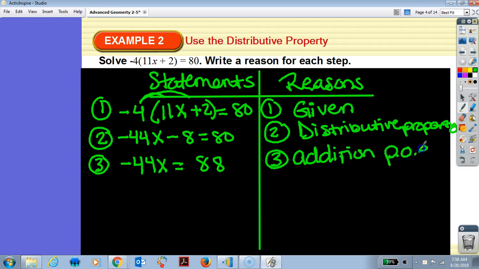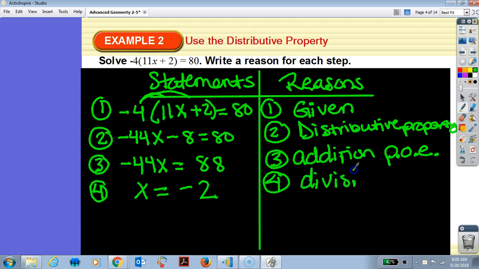For property of equality, you can write out property of equality, or you can put P.O.E. for property of equality. You can just shorten it like that. Step 4. What do I need to do next? I divide by -44 on both sides, right? Leaving me with x equals -2. And what we did was division on both sides. So the division property of equality.